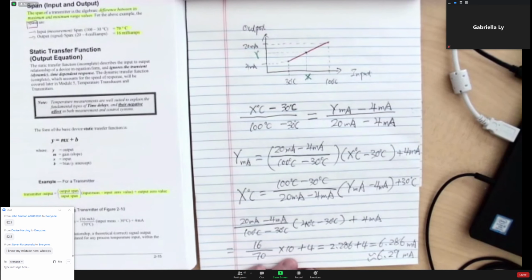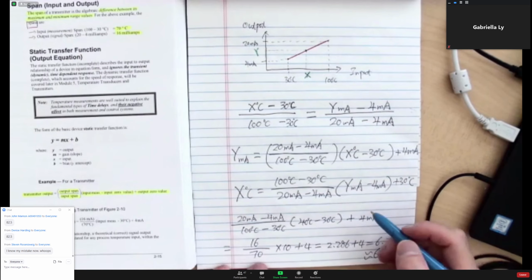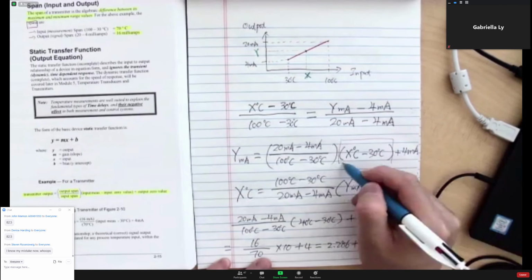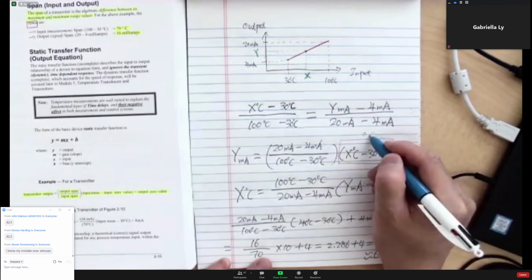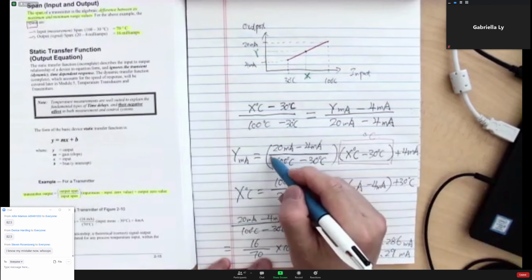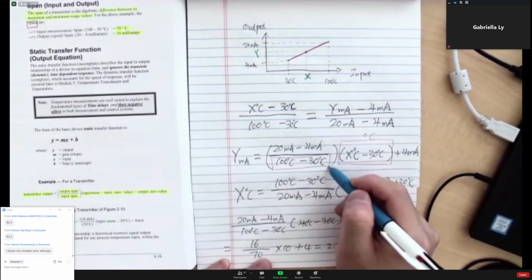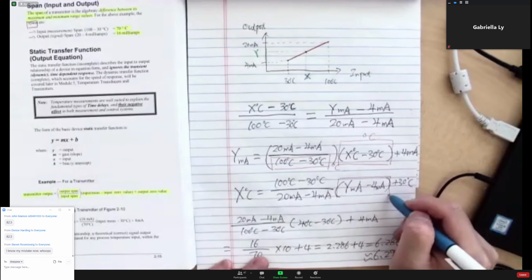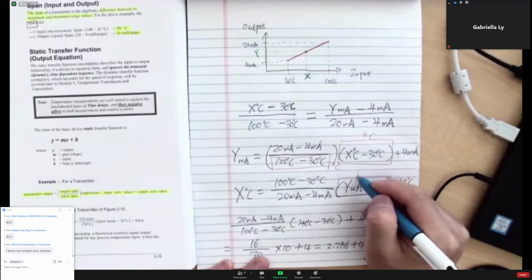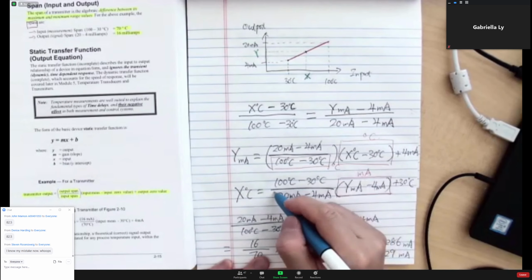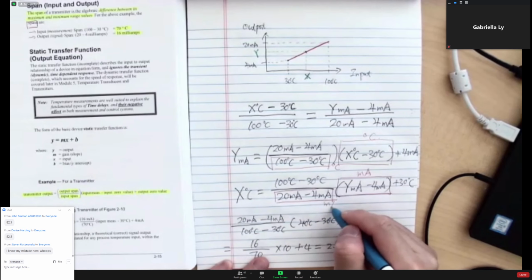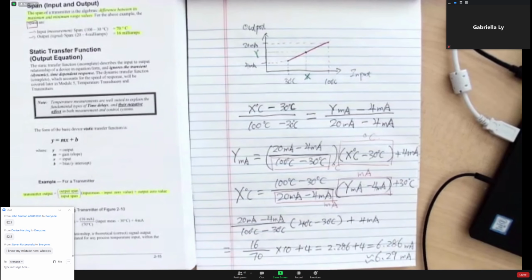I like you to notice here, if this portion is temperature, the bottom portion is the temperature. If this portion is milliamps, the bottom portion is the milliamps.